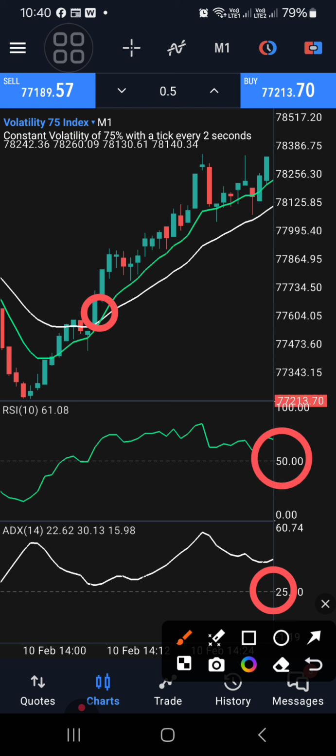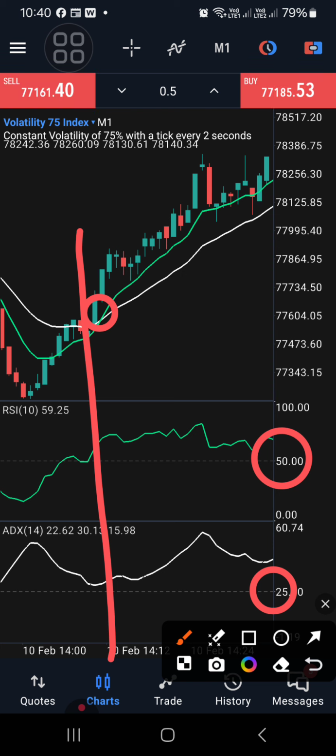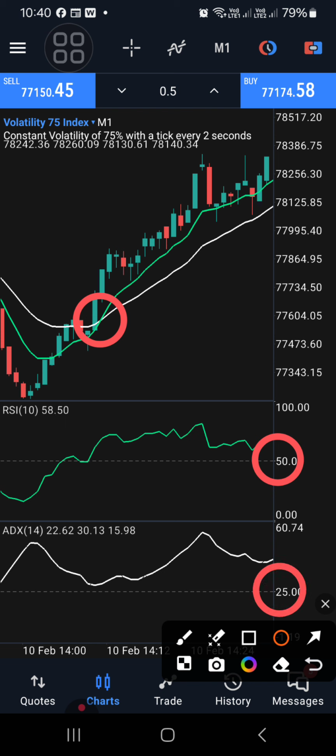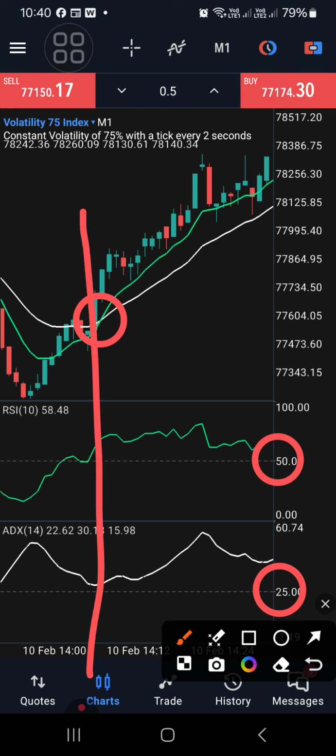If you check what was taking place here, we can see all those conditions were met. There is a crossover on the main chart, the RSI is trading above 50, and the ADX is also above level 25. And when this happens, we are going to buy.